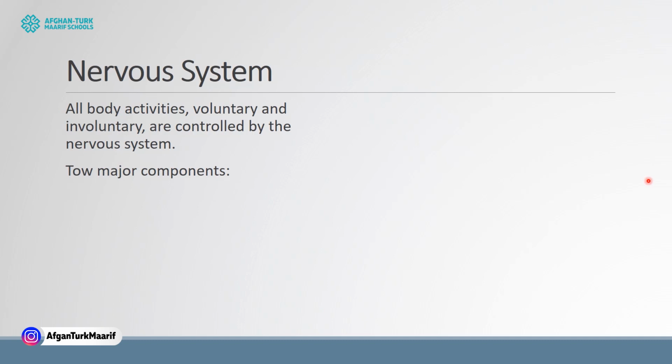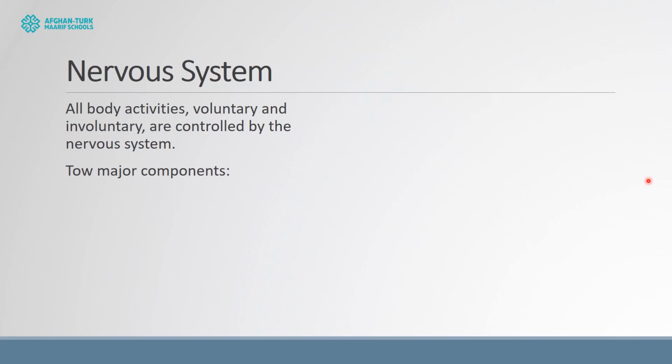The nervous system controls all our body's activities, as I have said. These activities are branched into two types: voluntary, which are controllable by ourselves, and involuntary, which means we don't have any control over them.